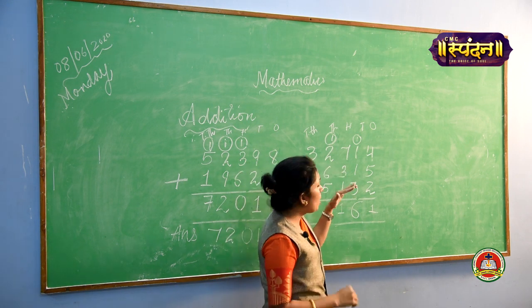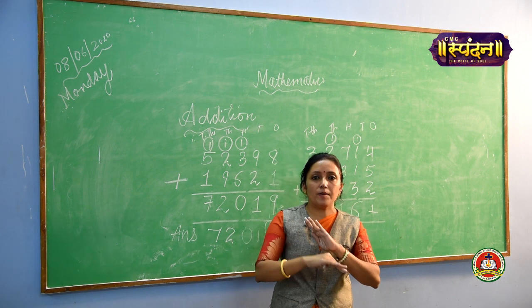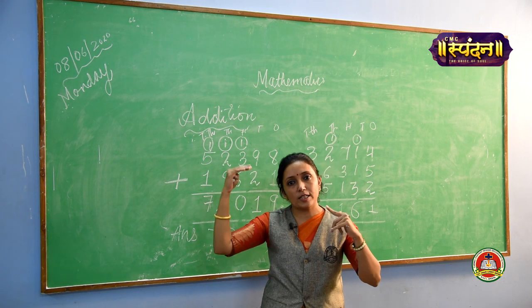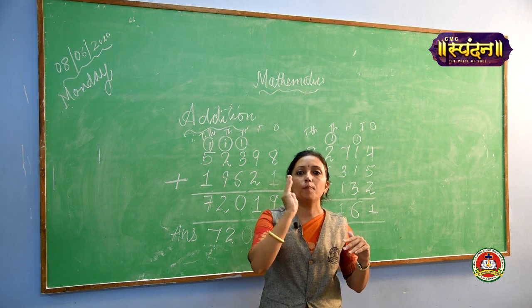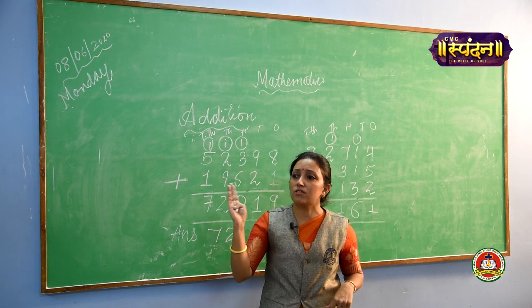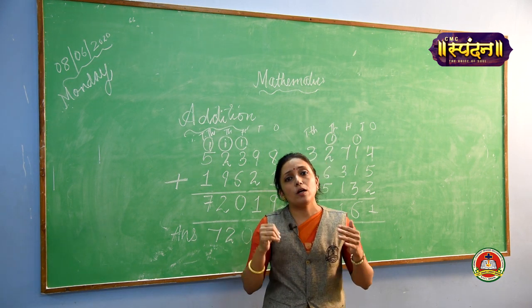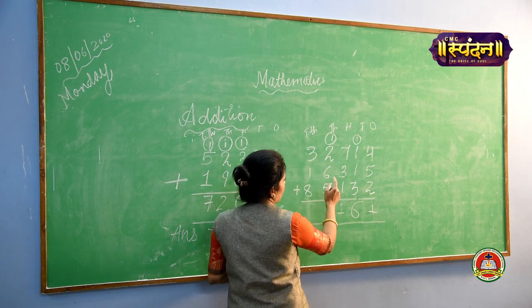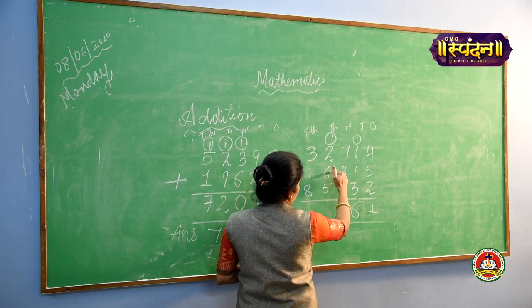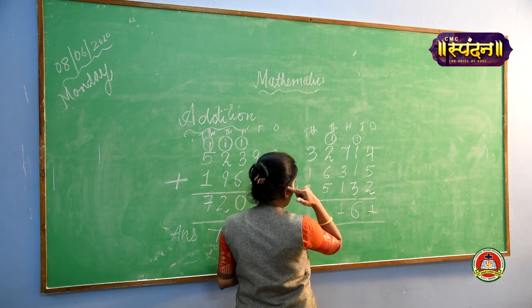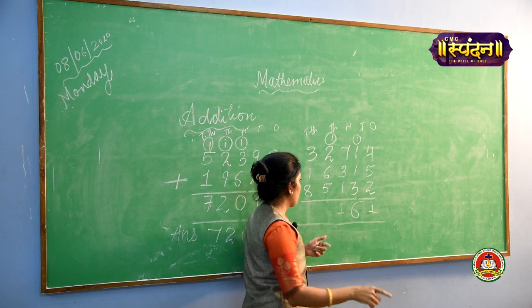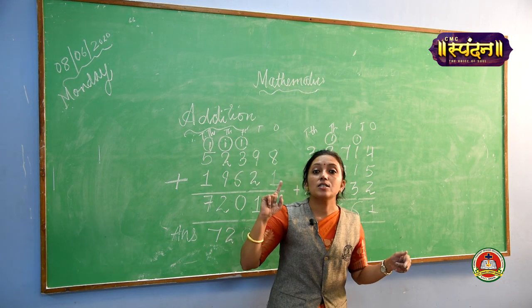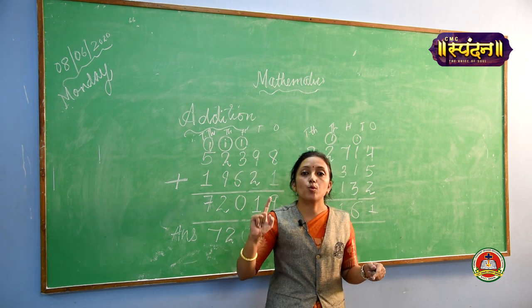Because see children, any way you add 2 plus 2 plus 3, either I go plus 2 plus 2 plus 3 or 3 plus 2 plus 2, everywhere the answer is going to be the same. So let me see. I can do it like this also. 6 plus 2 I have got 8. Now 8 in my mind, then 5. So 9, 10, 11, 12, 13.